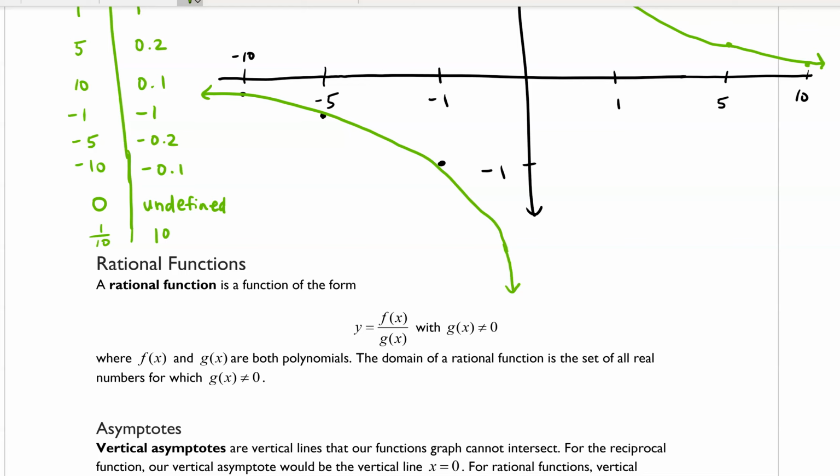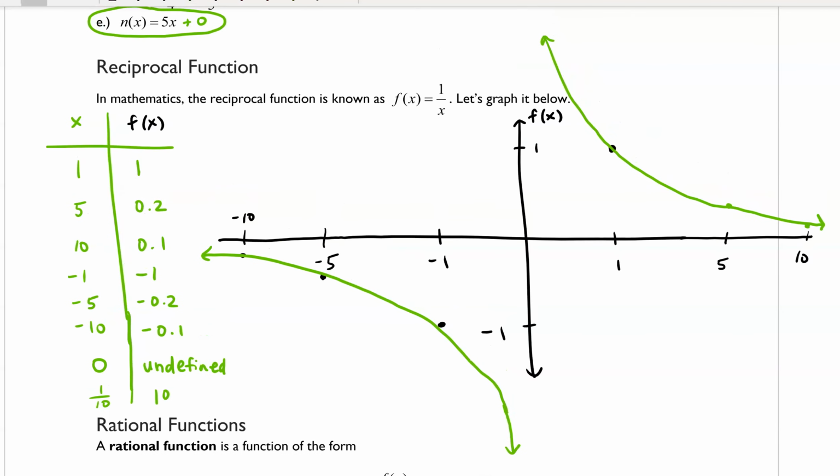The domain of a rational function is the set of all real numbers for which g of x cannot equal 0. So going back to this example, the domain is always, for rational functions, everything that is not going to make the denominator 0. In this specific example, the only thing that's going to make the denominator 0 is if we plug in 0 itself.